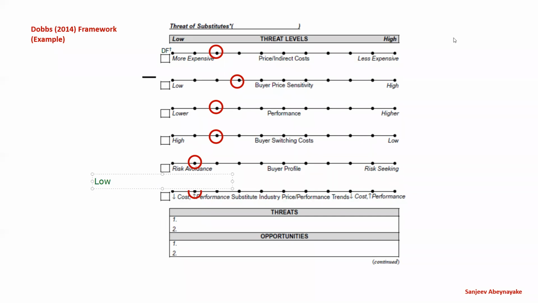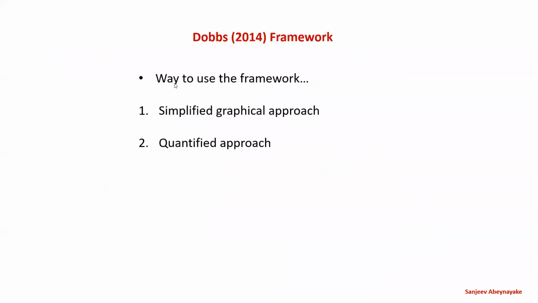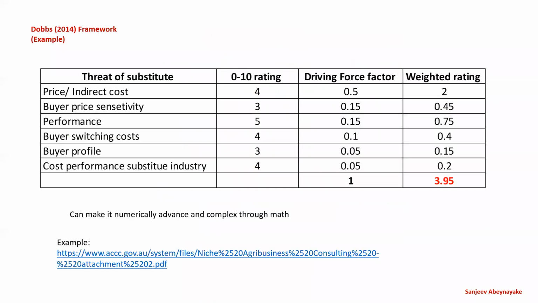The other approach is to take a quantitative approach. For each one, you actually give a rating out of 10, right? And at the same time, you give a driving force. This is actually a factor, a weightage that you provide for each of the same things. And then you multiply that and you arrive at a rating.